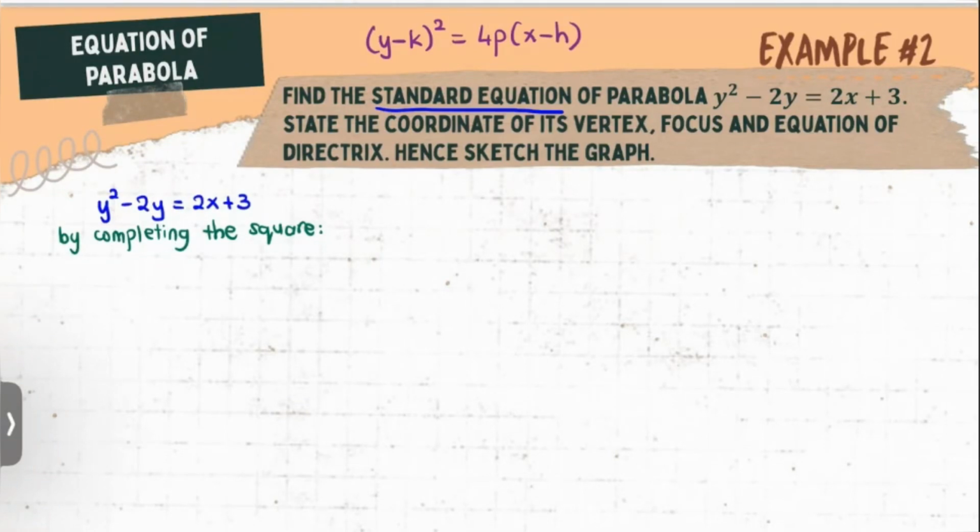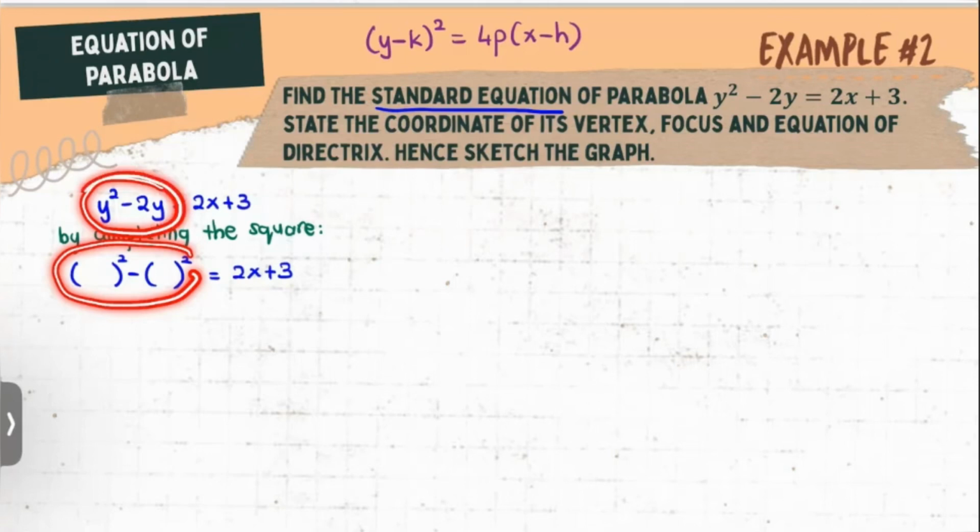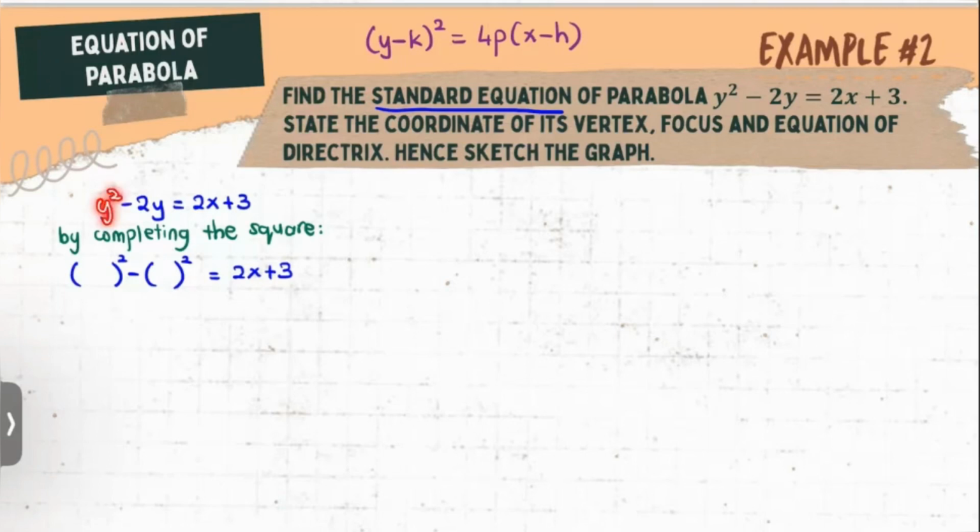So, first of all, I'm going to write 2 brackets minus another bracket here. Saya akan letak square equals to, okay, kawasan kanan ni salin je dulu. Okay, so saya tengah fokus dekat bahagian sini untuk y squared minus 2y. Alright, so the coefficient of y squared is 1. So tak perlu buat apa-apa dah lah.